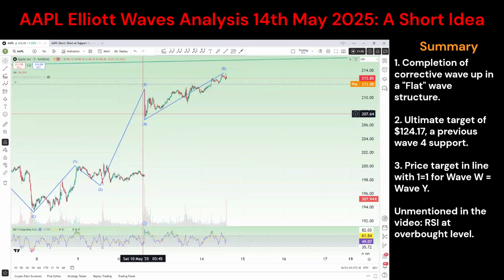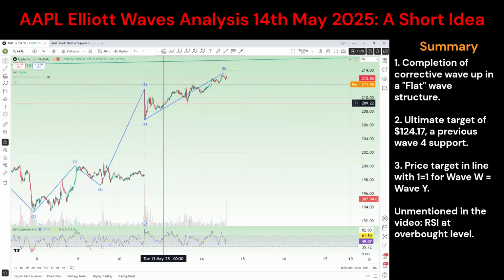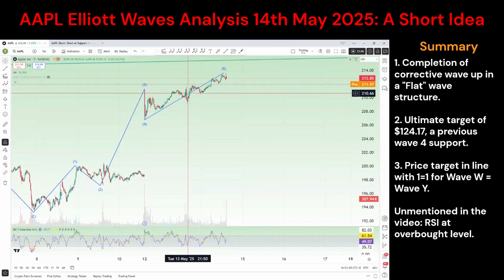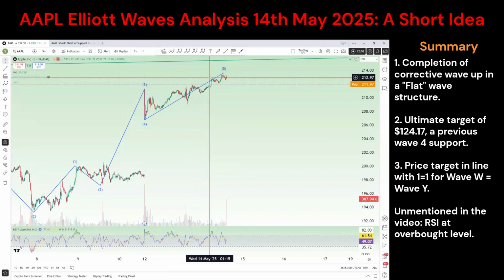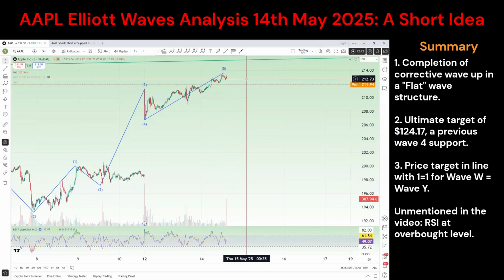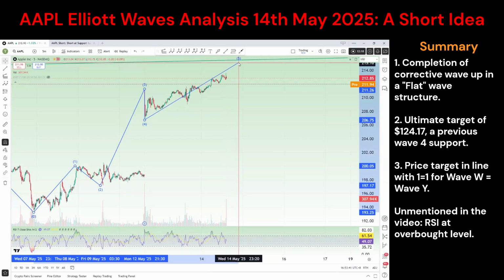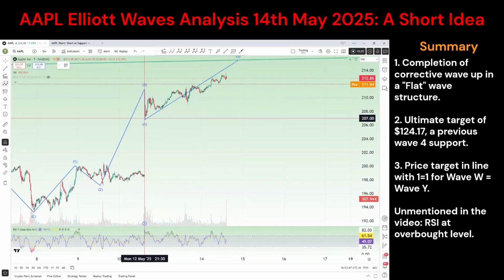The difficulty over here is really to identify whether this is a one, two, three, four, five. Anyway, let's take this as one wave, then wave two, then maybe one, two, three, four, and five. Okay. So there is a chance that there is another wave here that will bring us to this trend line here, right?